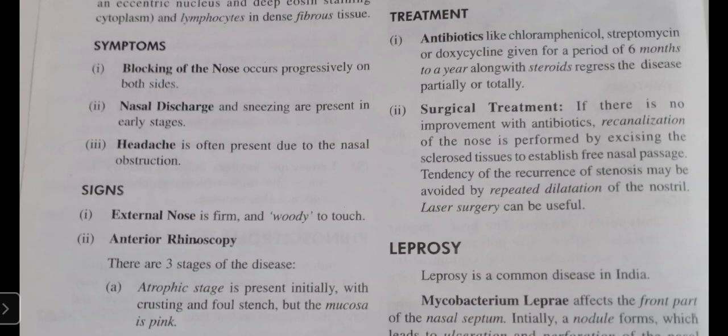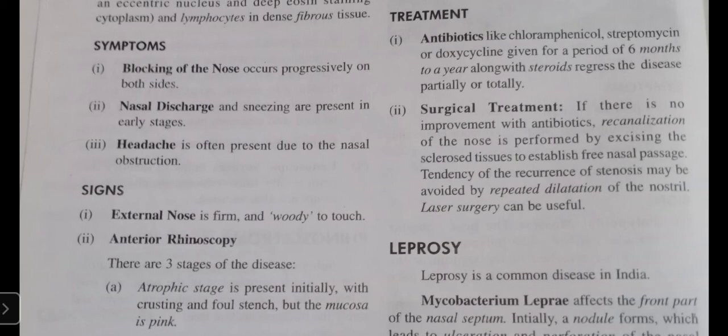Okay, once again I will repeat rhinoscleroma. It is a chronic infection characterized by sclerosis and stenosis of the nasal passage. So what happens in the nasal passage in rhinoscleroma? There will be hardening and narrowing of the nasal cavity. So that is the definition.